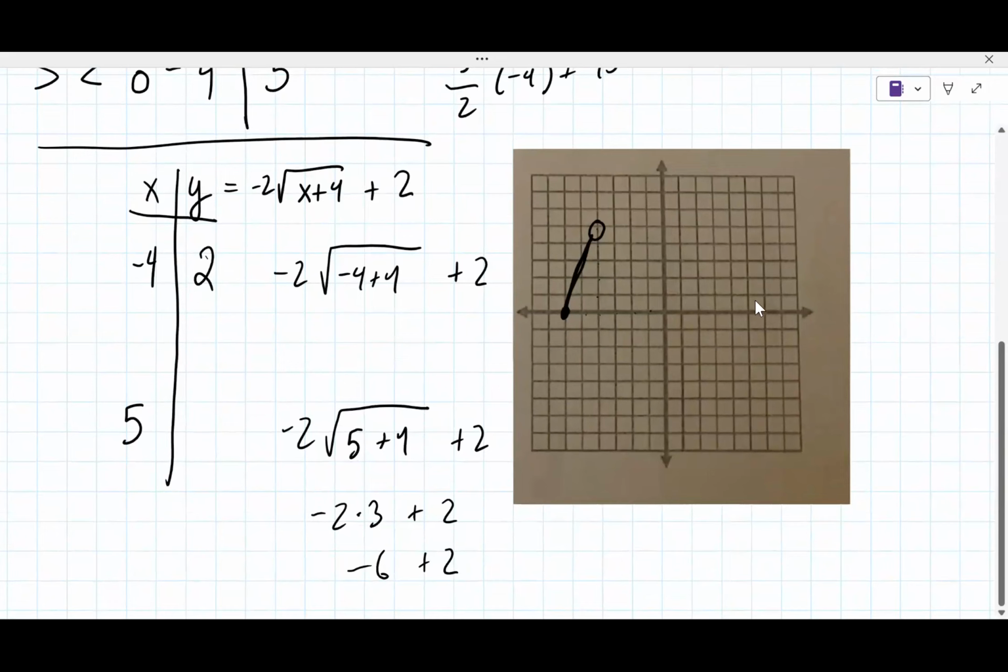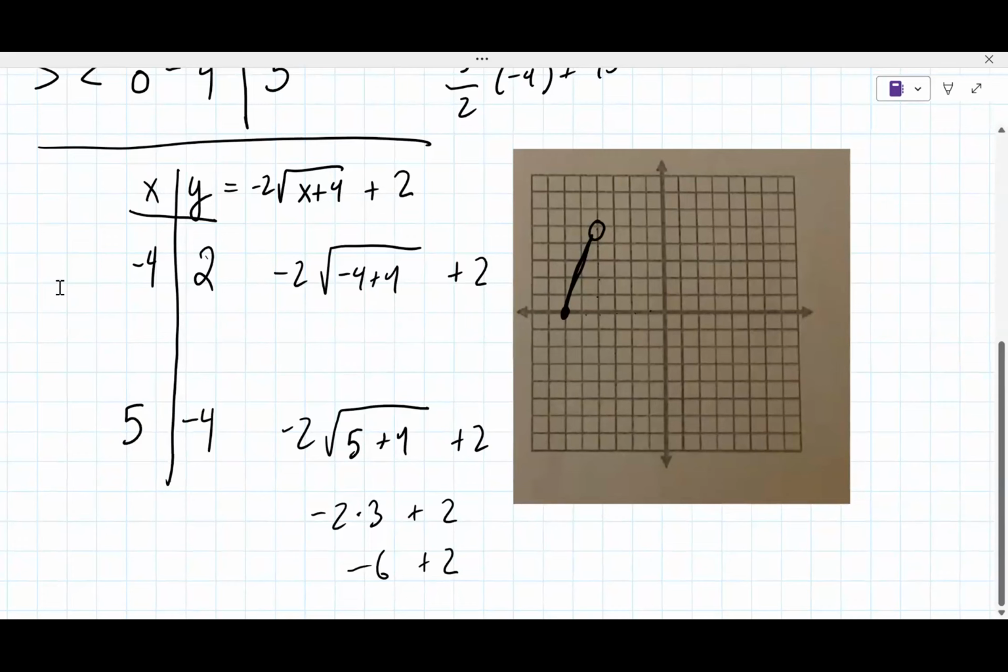Let me use my calculator. -4. All right. Now, these are the 2 points.